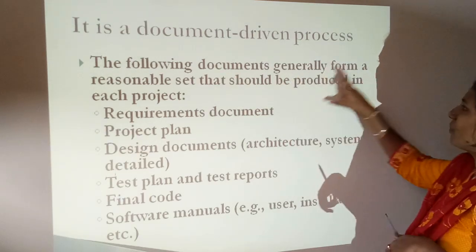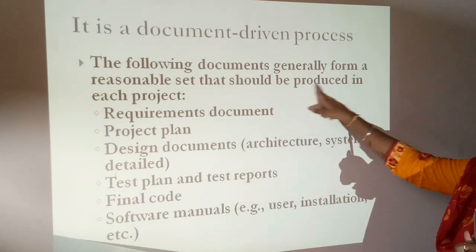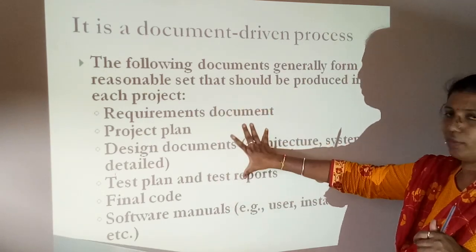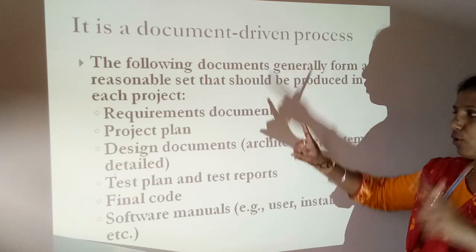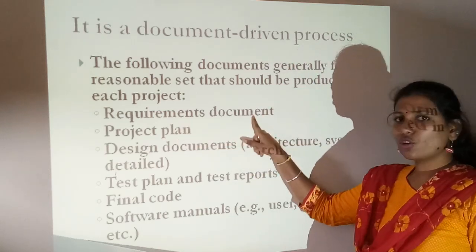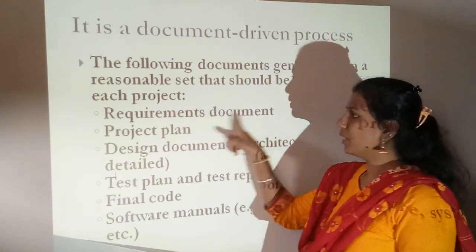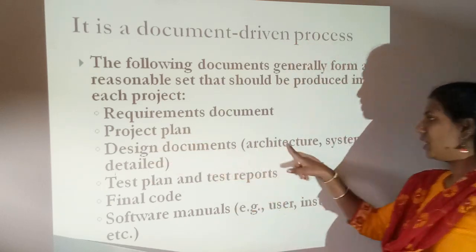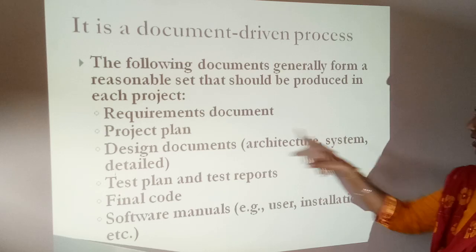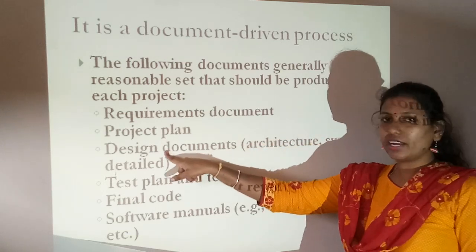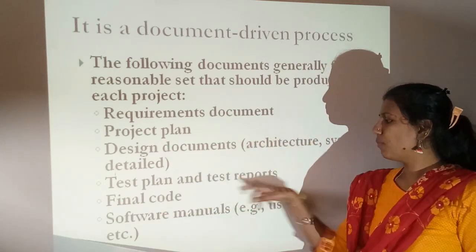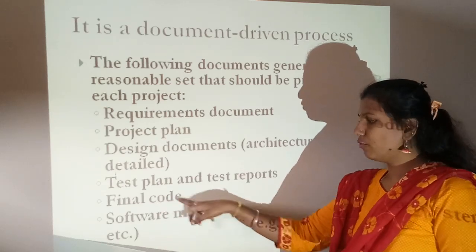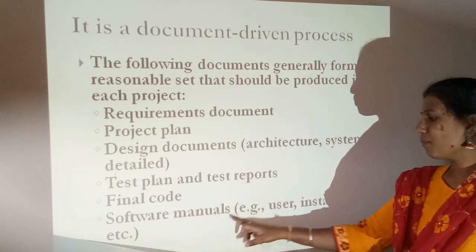The following documents form a reasonable set that should be produced in each project. The first is the requirements document. Obviously the requirements document should be given, the plan document, and the design documentation, which should show the architecture and system details. Then the test plan and test reports, then the coding part, that is the program and the final code report, and the software manual.